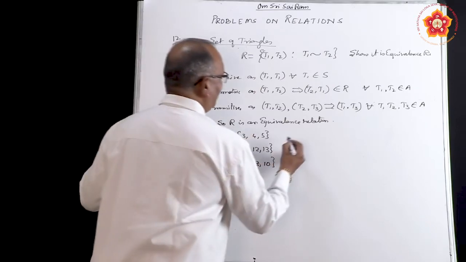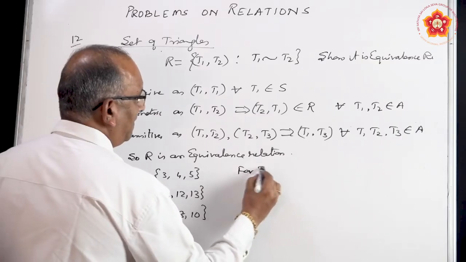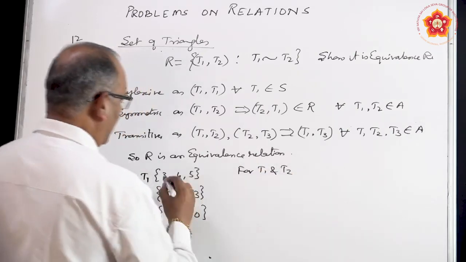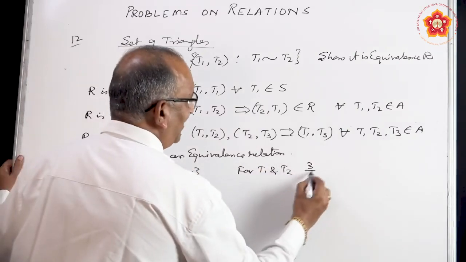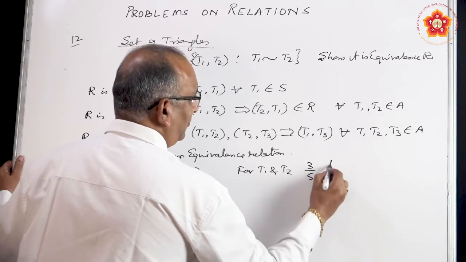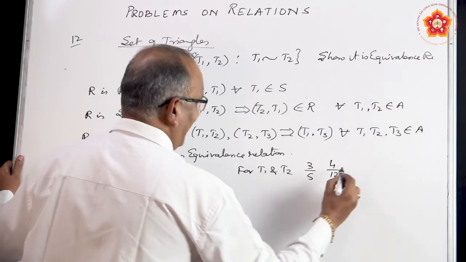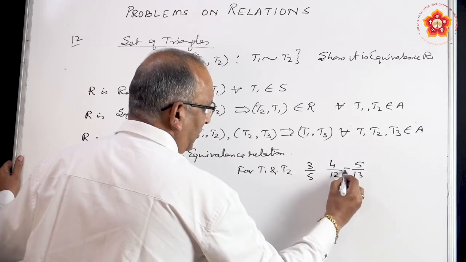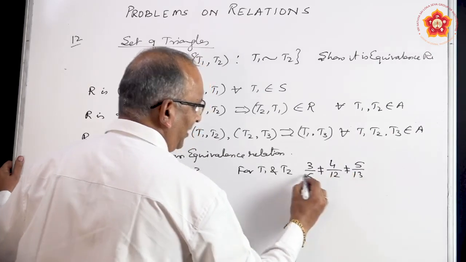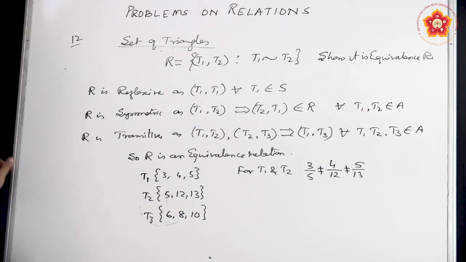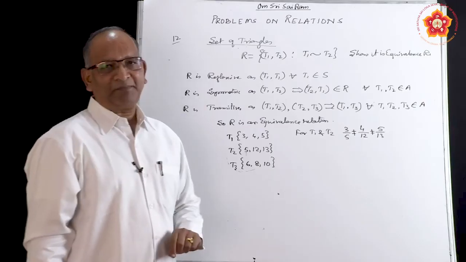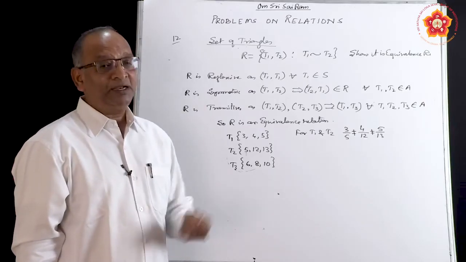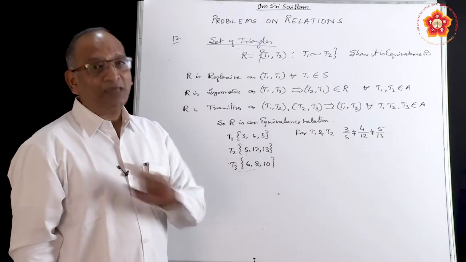For example, for T1 and T2, the ratios are 3 by 5, 4 by 12 and 5 by 13. And we find that they are not equal. 3 by 5 is not equal to 4 by 12, is not equal to 5 by 13. So conclusion, T1 and T2 are not similar.